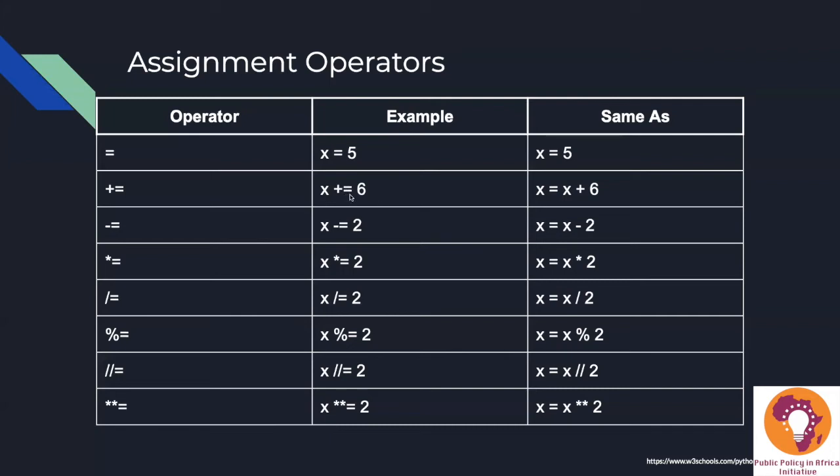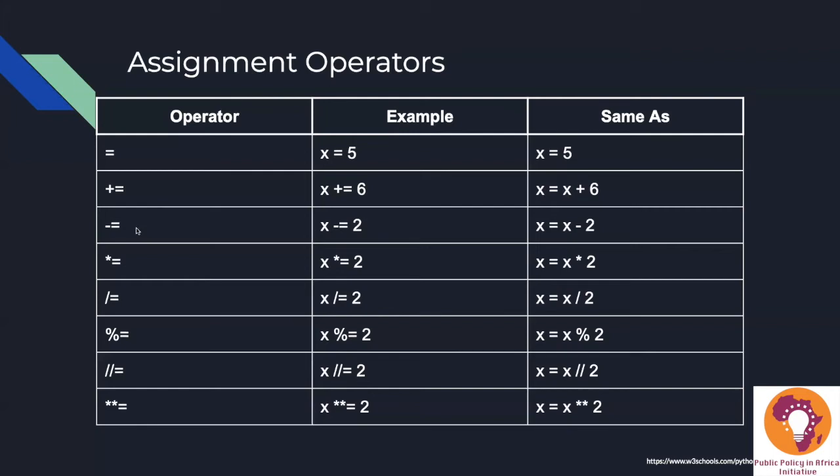So you're adding 6 to the value that already exists in x. So say we already assigned x the value 5, and now we want to plus equal 6. That's going to make x equal to now 11. So it's the same as doing x equals x plus 6. Since we've already stored 5 in x, the resulting value is that x is storing 11.